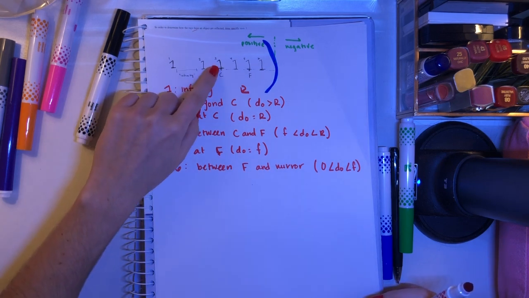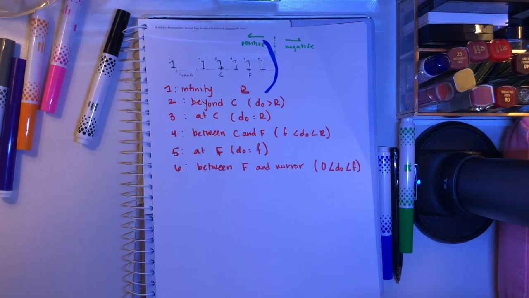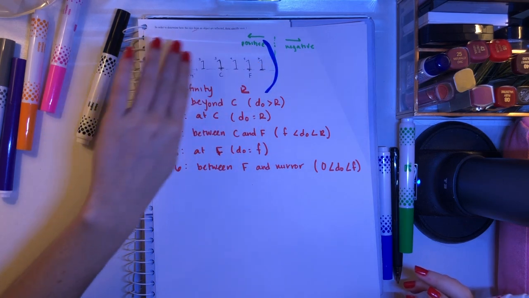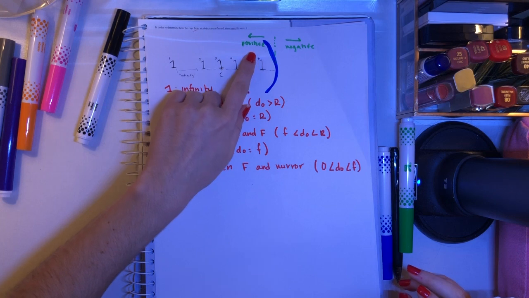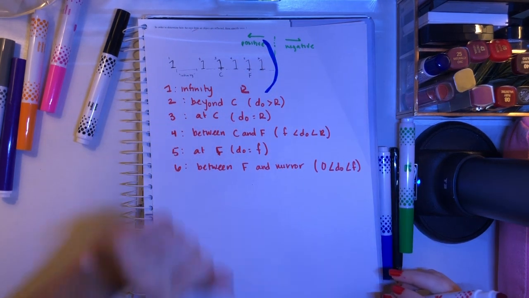So the object is the thing whose image is being reflected on the mirror. In this case, we're specifically talking about concave and convex mirrors. Here we have a concave mirror, but generally anything that's in front of the mirror or towards the side, we say is positive, and behind the mirror, we'd say is negative.